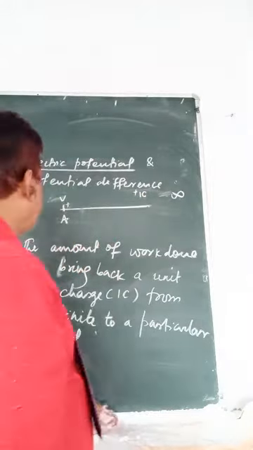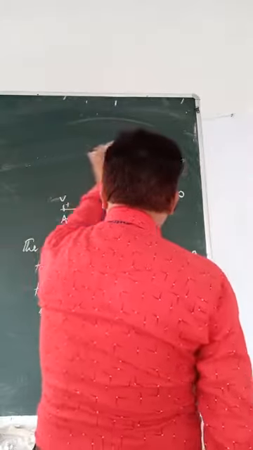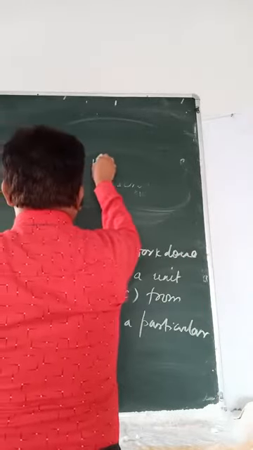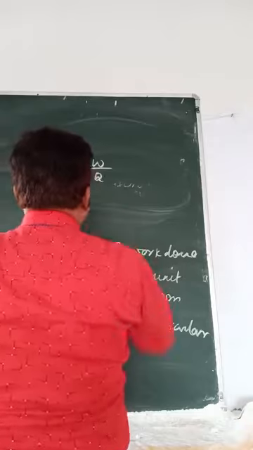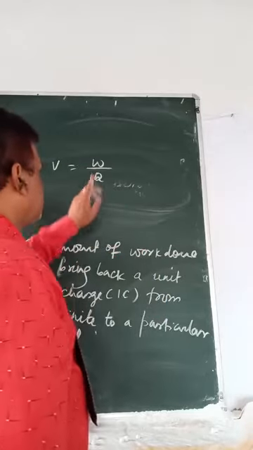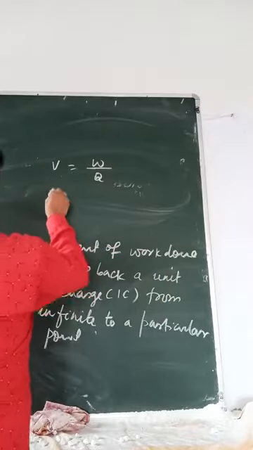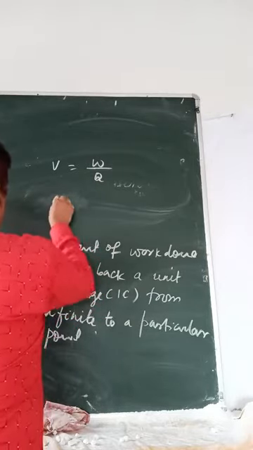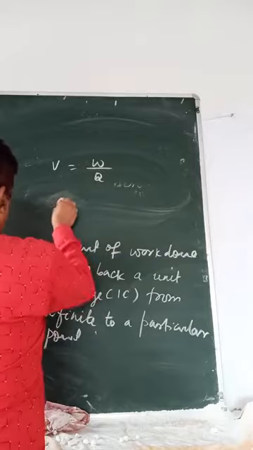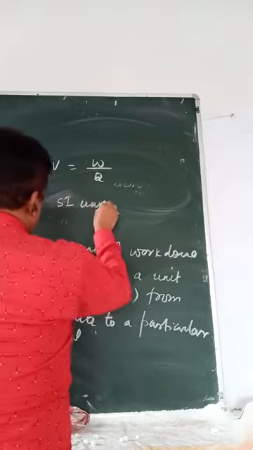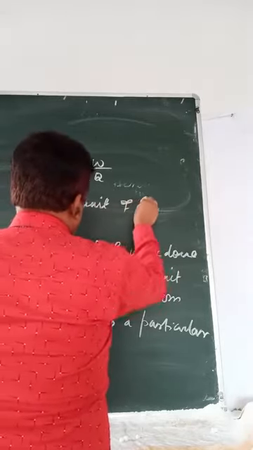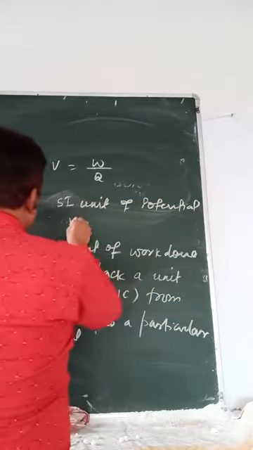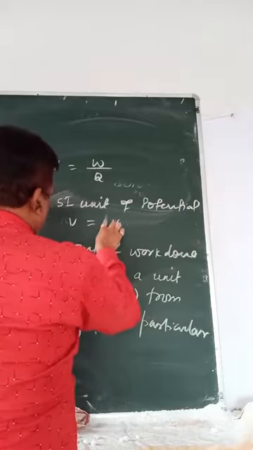So you can write the electric potential V equals work done per unit charge. The SI unit is 1 volt.